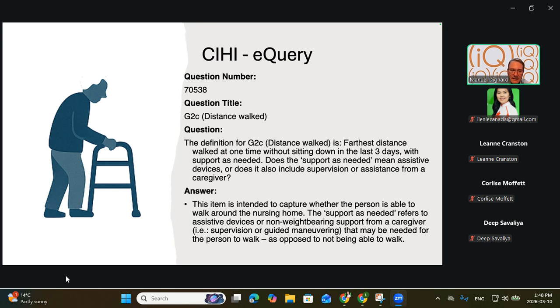Their answer: this item is intended to capture whether the person is able to walk around the nursing home. So the support as needed refers to assistive devices or non-weight bearing support from a caregiver. So supervision, guided maneuvering, that may be needed for the person to walk, as opposed to not being able to walk. As long as you're not weight bearing anything, it's fine.